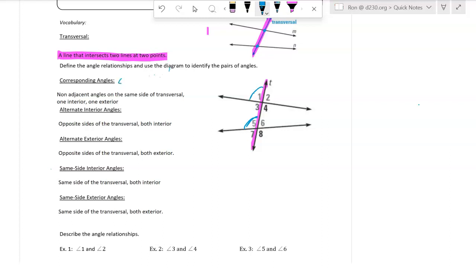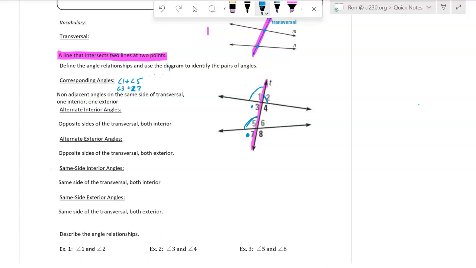So angle 1 and angle 5 are corresponding angles. We could also have another pair. If I use angle 7, it's exterior. What's an interior angle that doesn't touch it? It would be angle 3. So angle 3 and angle 7 would be another pair.